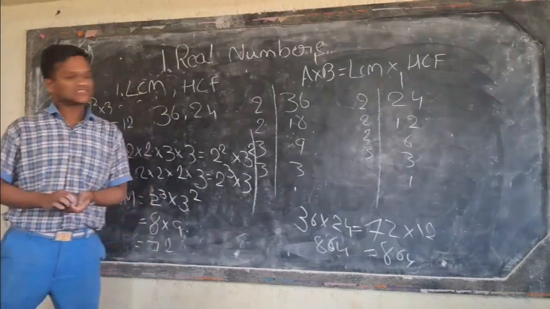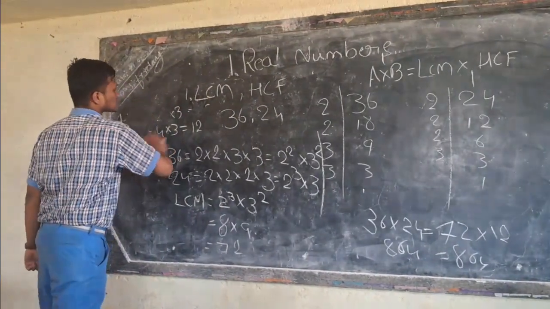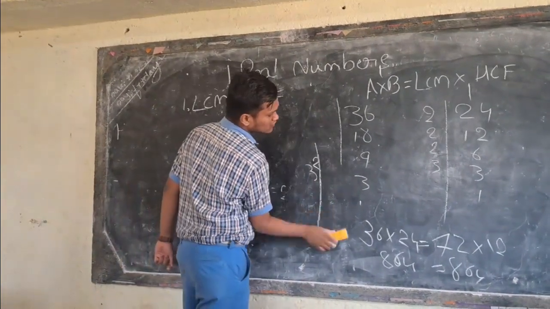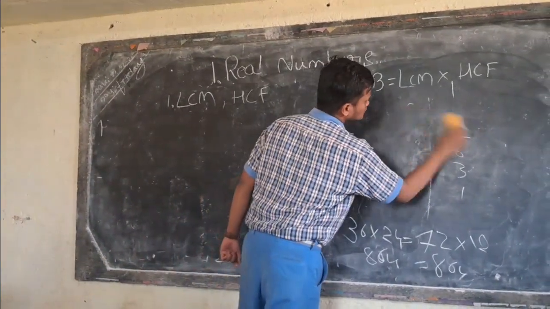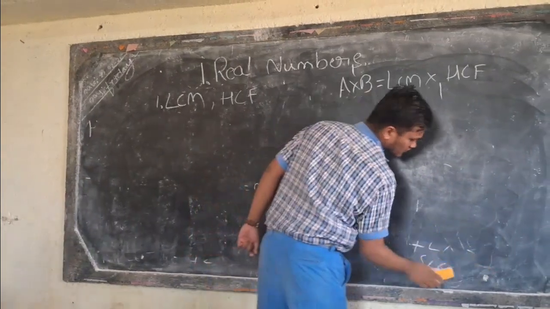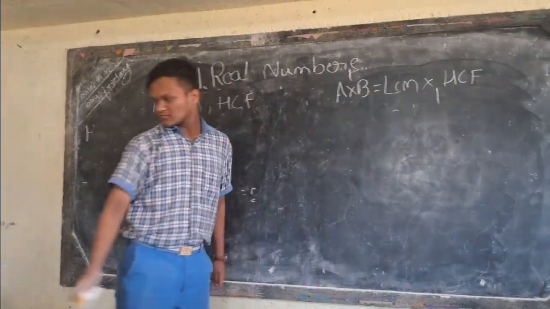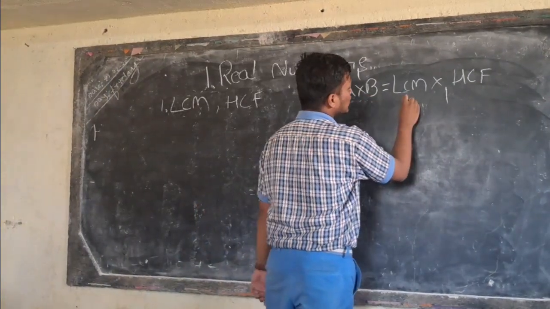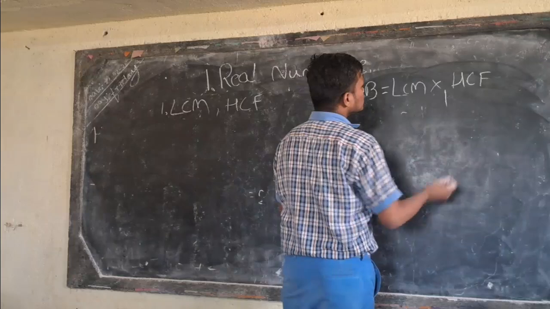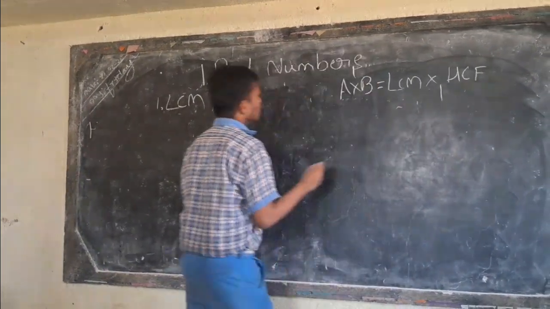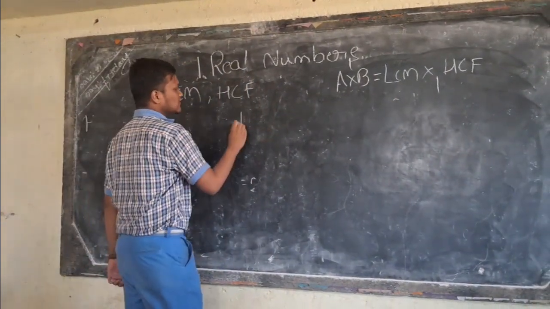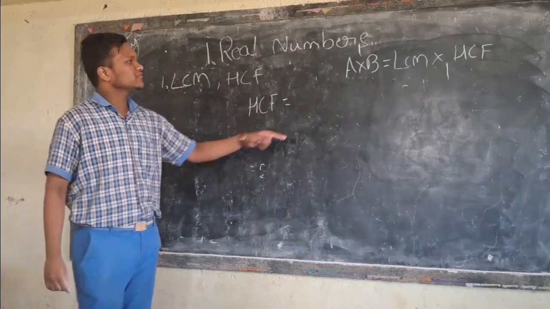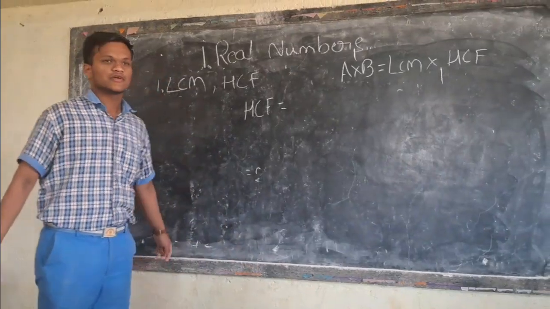And in your examinations, they can give A value, B value and LCM value. They ask you to find out the HCF. How will you find out the HCF? Anyone? Formula to find HCF by this relation? Anyone?